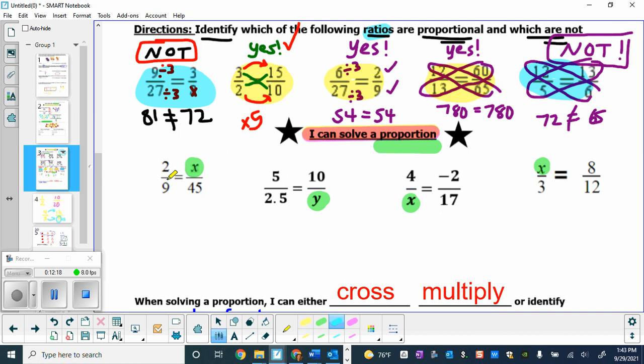So we don't know what number goes here, but I do know that it's supposed to equal whatever 2 times 45 is. You might remember from up above, we literally just cross multiplied. And so if we can see in a calculator what 2 times 45 is, then I know what this has to also equal. So first I'm going to do 2 times 45 in my calculator.